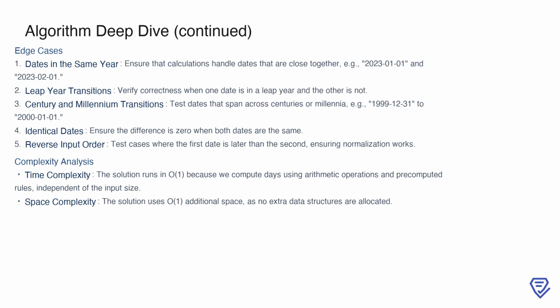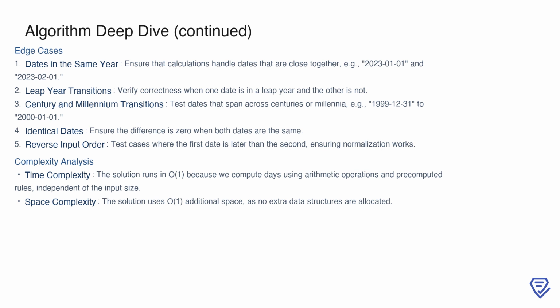While the algorithm is robust, there are several edge cases we need to handle. First, we must ensure the solution works for dates within the same year, such as January 1, 2023 and February 1, 2023, where the difference is small. Second, leap year transitions must be verified when one date is in a leap year and the other is not.